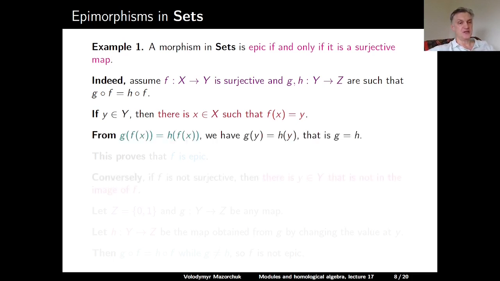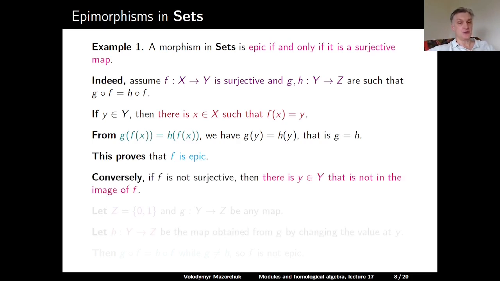Now, from the condition that G applied to F of x is equal to H applied to F of x, we have that G of y is equal to H of y. This is because F of x is equal to y, and this is true for all y, which means that G is equal to H. And this proves that F is an epimorphism.